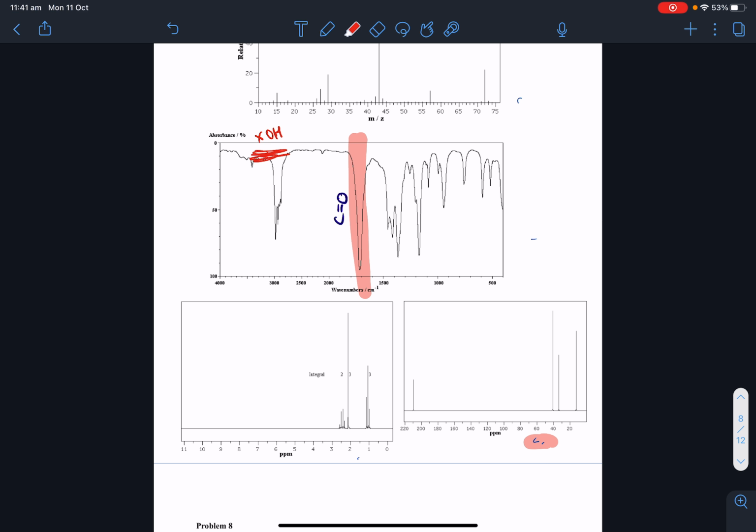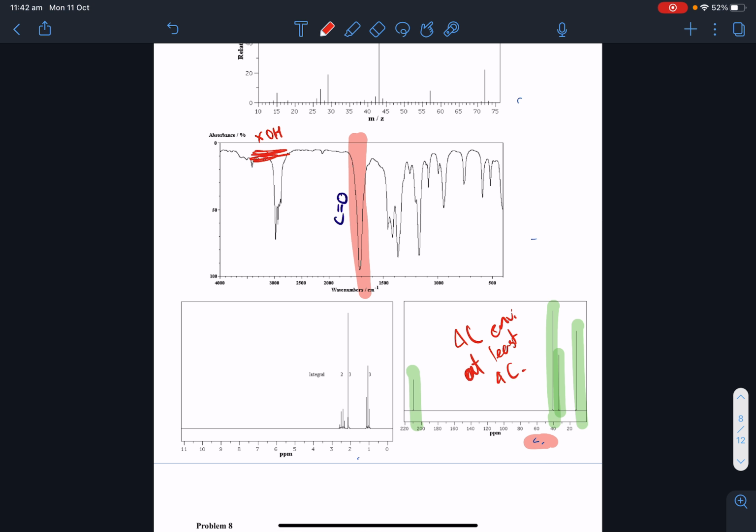Less information because carbon-13 is less abundant than hydrogen-1, okay? How many carbon environments do we have? 1, 2, 3, 4. So there must be 4 carbon environments. Or, another way to think of it, there must be at least 4 carbons, okay?